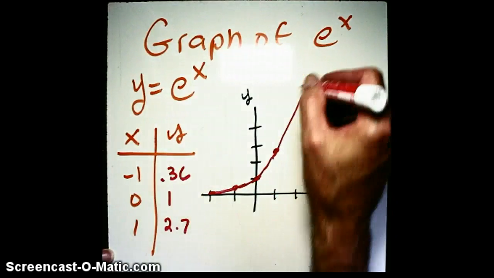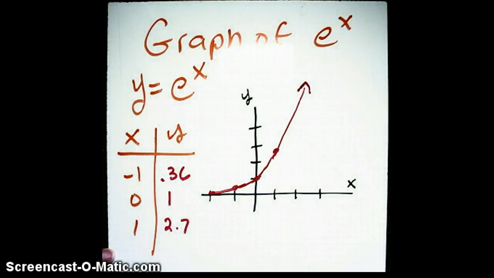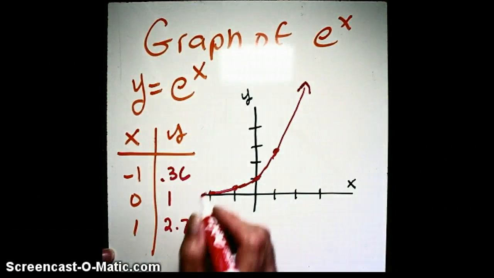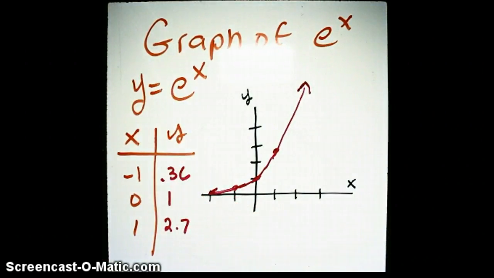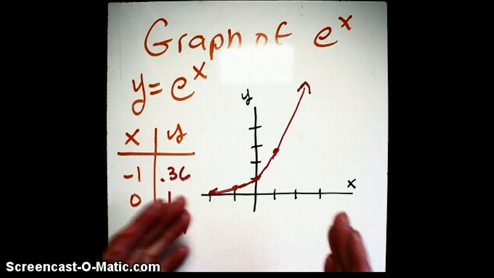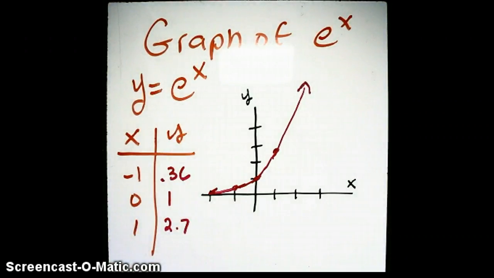Now notice the graph keeps on going up and to the right, rises to the right, and here it's leveling off. It's trying to touch that y-axis there, but it's never going to do that. Watch the video on the graphs if you've not done that already, and that should make sense. So this is the graph. You should be able to tell everything about the graph of y equals e to the x.